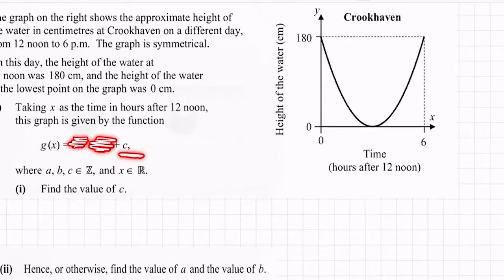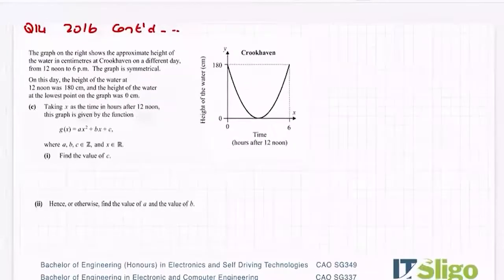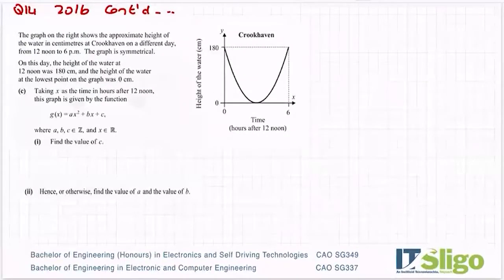Okay, so how do we do that? What could we sub in for x to make these cancel? Well, the easiest one to sub in for x is when x is 0. Remember, x is the time in hours after 12 noon. So this is x is 0, this is x is 6.